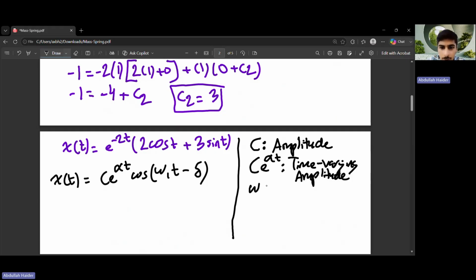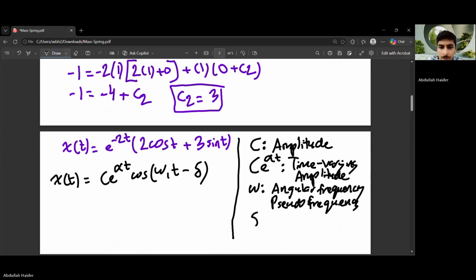And omega 1 or omega, it doesn't really matter. This is the angular frequency, also called pseudo frequency. These two mean exactly the same thing, pseudo frequency. And this is called the time lag.